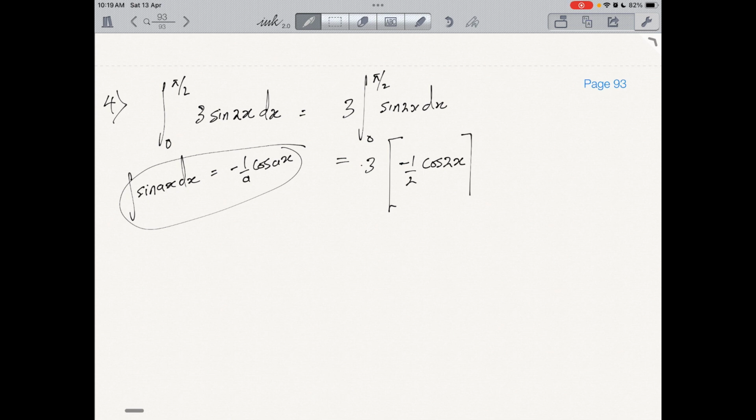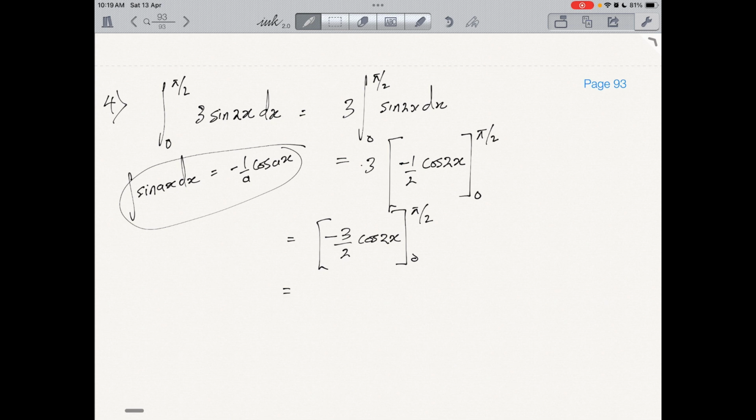We are integrating from limit of 0 to pi over 2. Now the upper limit is pi over 2, the lower limit is 0. Therefore, we can open this bracket now and say this will give us minus 3 over 2 cos 2x from 0 to pi over 2.